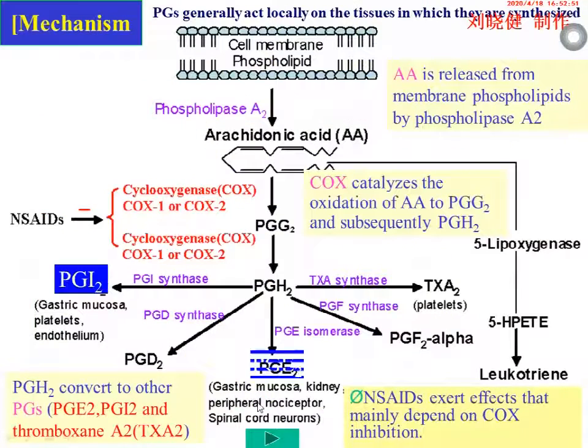Arachidonic acid is released from membrane phospholipids by phospholipase A2, and then COX catalyzes the oxidation of arachidonic acid to prostaglandin G2 and subsequently prostaglandin H2, and then PGH2 converts to the other prostaglandins in different tissues, like PGI2 in gastric mucosa, platelets, and endothelium cells, PGE2 in gastric mucosa, kidney, peripheral nociceptors, and spinal cord neurons, and TXA2 in platelets.